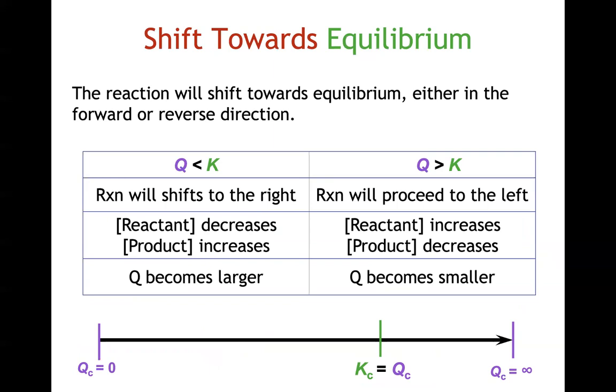And the opposite is true. If Q is much larger than K, then the reaction is going to shift in the reverse direction. That will increase the concentration of the reactant and decrease the concentration of the product, so that Q becomes smaller, or so that Q is closer to K. So that's the shift towards equilibrium, either in the forward direction or in the reverse direction.